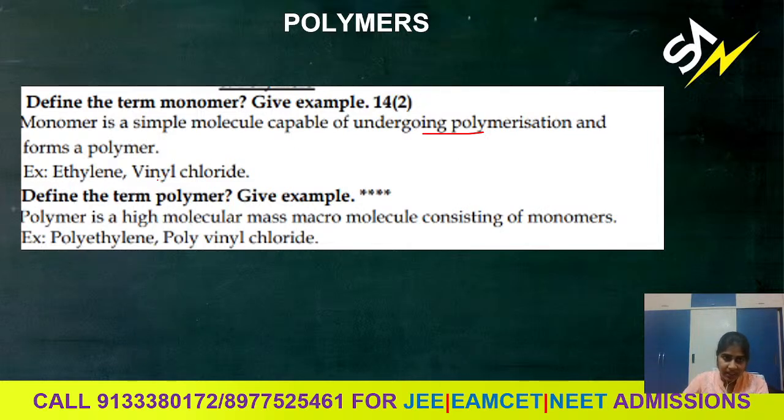Here ethylene and vinyl chloride are examples of monomers. And if a question is asked to define polymer, just define it as multiple units of monomer. It is a macromolecule consisting of monomers. Examples are polyethylene and polyvinyl chloride.